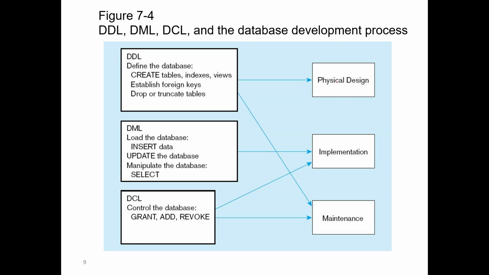As data and table definitions may change as business scenarios change in the future, during the maintenance phase, database developers will then modify database structures using DDL again. Therefore, DDL is being used in both physical database design phase and the maintenance phase.